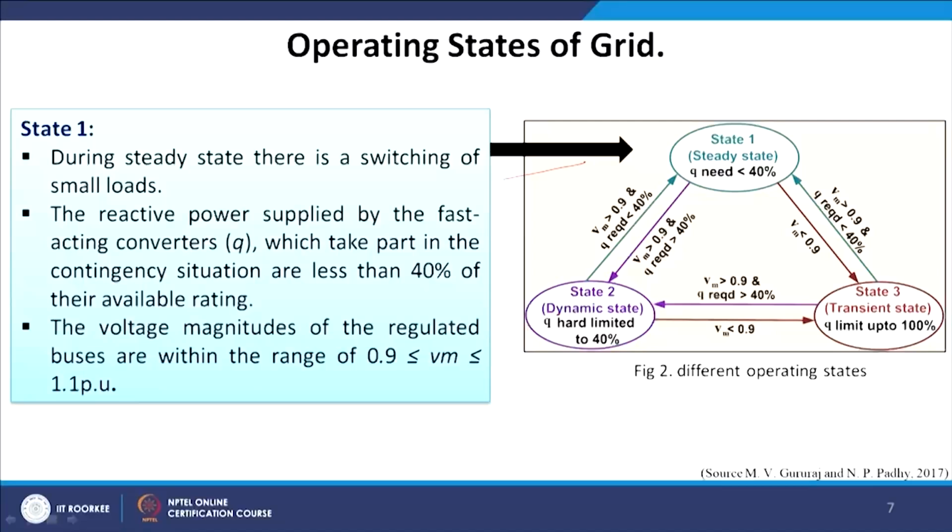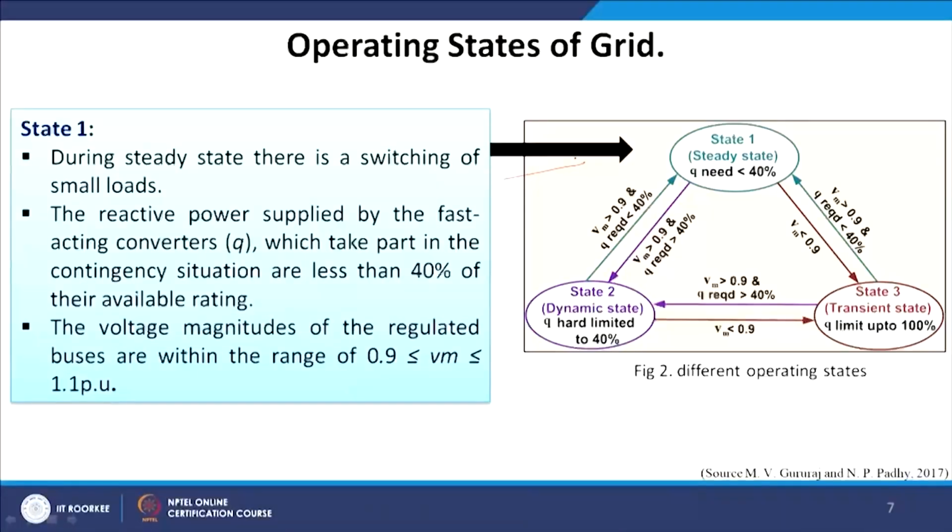First of all, consider state number 1, the steady state, in which small loads are being switched on, the variation is not significant, a very minor change in your load, and the reactive power supplied by the fast acting converters which take part in the contingency situation is less than 40% of their rated capacity or available rating. Whereas the voltage magnitude of the regulated buses is within 0.9 to 1.1.